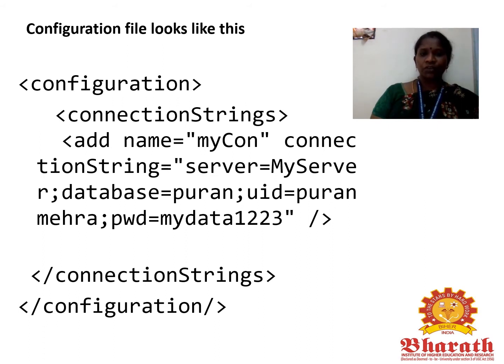These are all in the connection strings of the configuration files. First, the name, any name we can use. Another one is the connection string, that is the server name. Next, the database, what kind of database we use, user ID and password. After that, close the tag. This is the syntax of the configuration file.